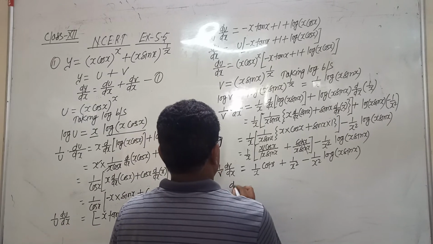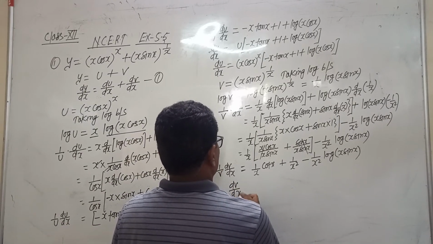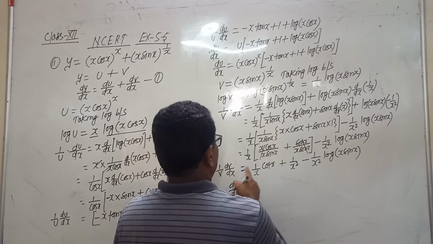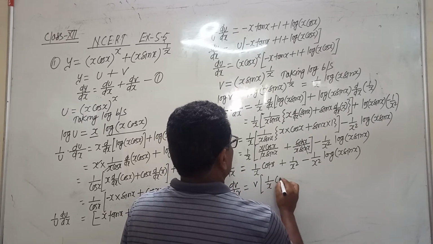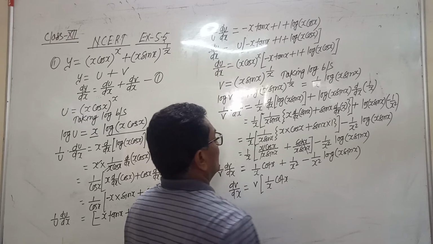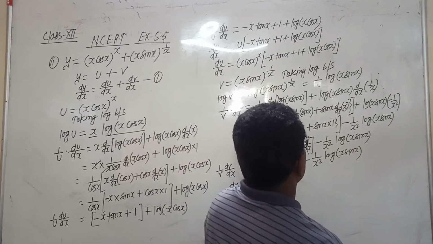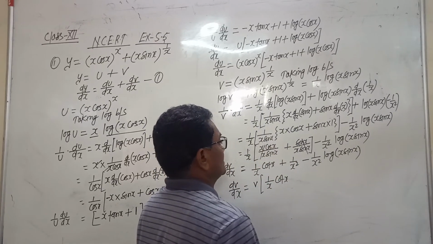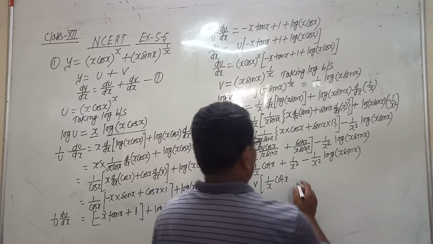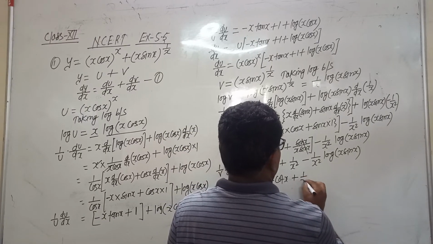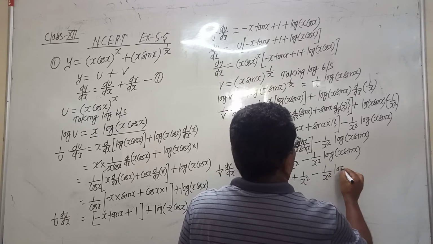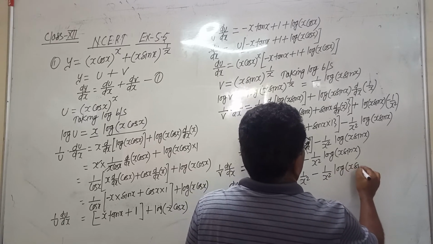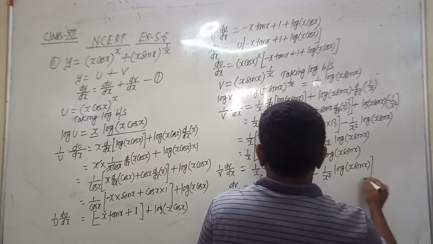So dv by dx is equal to v transposed, and 1 by x cot x. From these two terms we can take 1 by x square as common, so it would be written as 1 by x square minus 1 by x square and log of x sin x.